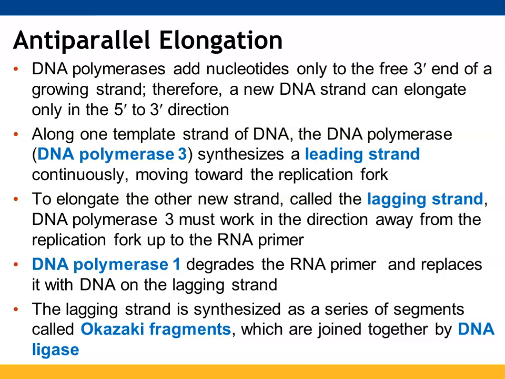And DNA polymerase 3, DNA Pol 3, is able to add bases to that strand to generate the daughter strand continuously. To elongate your other strand, because you're working away from that replication fork, we know that as the lagging strand, and so it gets added in chunks.